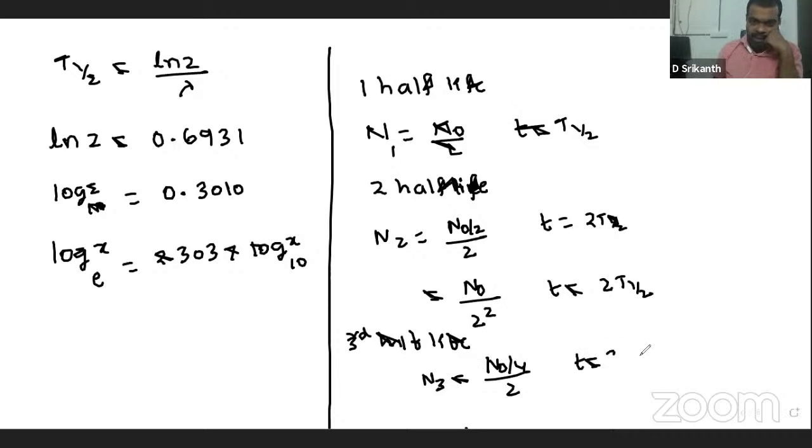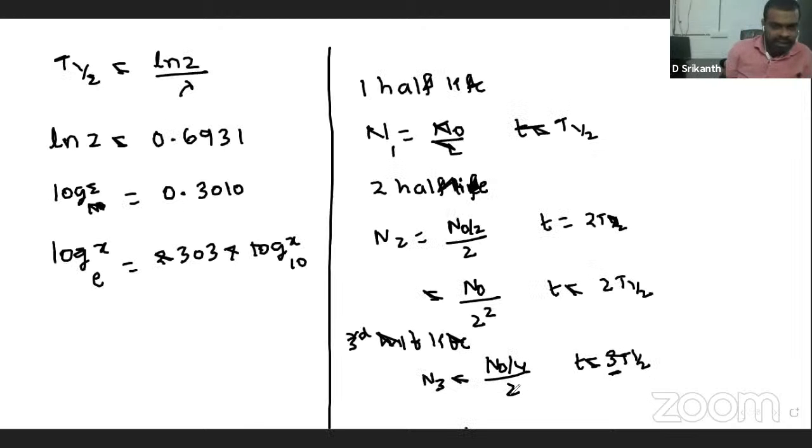So the time taken is 3 t half. By this we can say that the number of nucleons remaining will be N naught by 2 power n. With 3 half-lives we got N naught by 8, that is 2 cubed. 2 half-lives, 2 square. 1 half-life, 2 power 1.